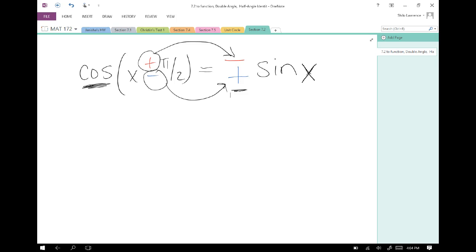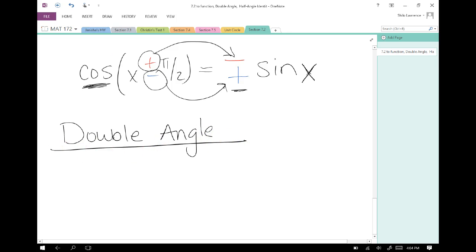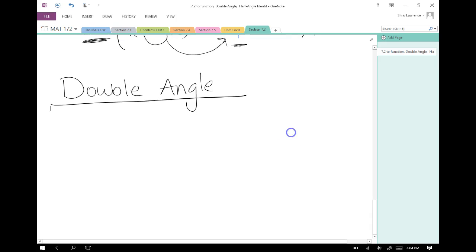For the double angle identities, I again am going to refer back to the sum and difference identities to help remember these. So for double angle identities, if you think about what exactly that means, double means times 2, and it's inside the angle.